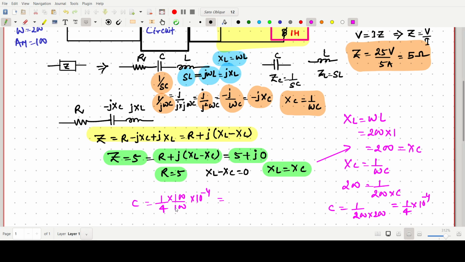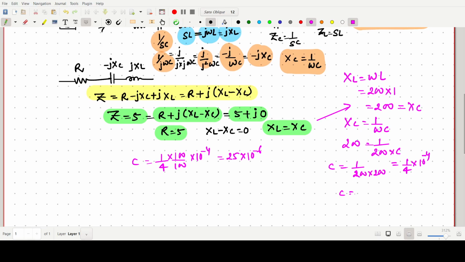So this should be 25 into 10 to the minus 6, or you can directly solve this one. C value is 0.25 into 10 to the minus 4. So 25 by 100 into 10 to the minus 4, which is 25 into 10 to the minus 6, means 25 microfarad.